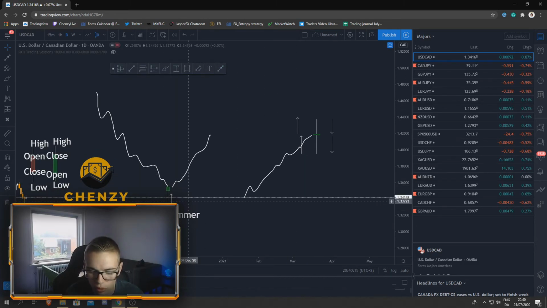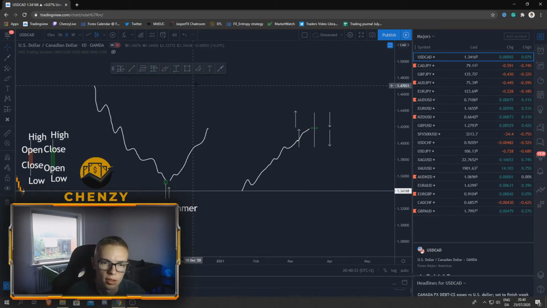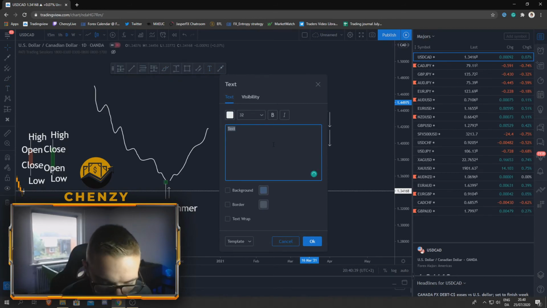So this just represents a state of neutral in the market, and we can't use this candle for much on its own, but we can use it as an indication that something might happen soon in the market. Okay, so this is called a doji.